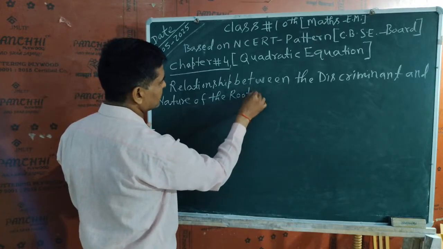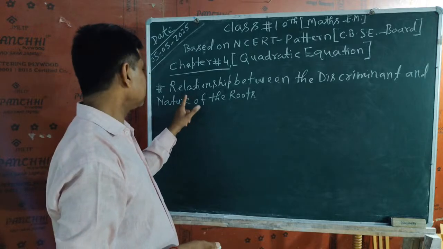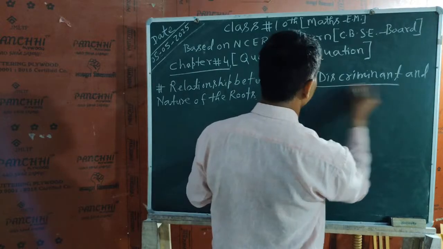You have to write this in detail. The point is the relationship between discriminant. You have to find the value of discriminant.